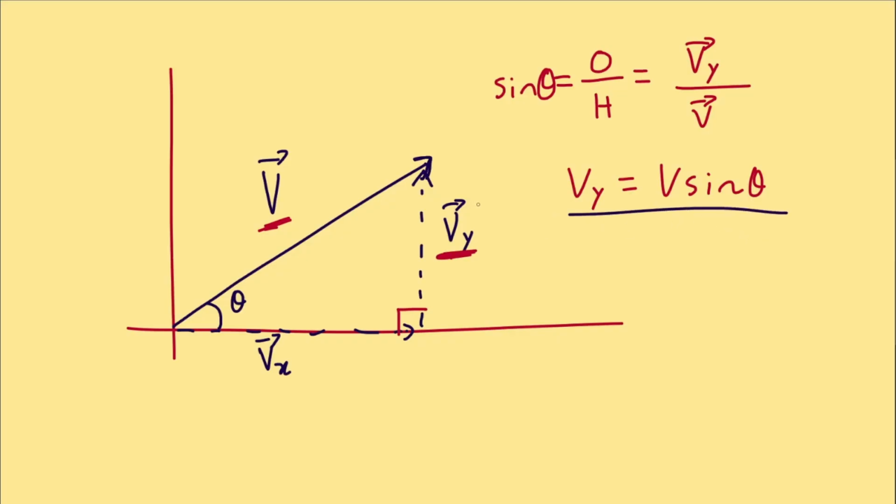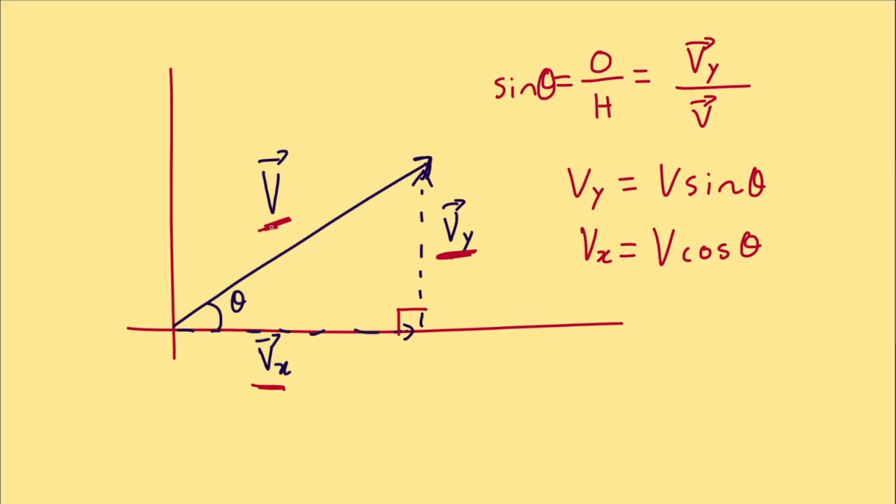This is the formula for the y component. If you go and do the same thing with the x component and use cosine, because remember adjacent over hypotenuse, you get vx equals v cosine theta. So these are the formulas for the magnitude of the x and y components of vector v.